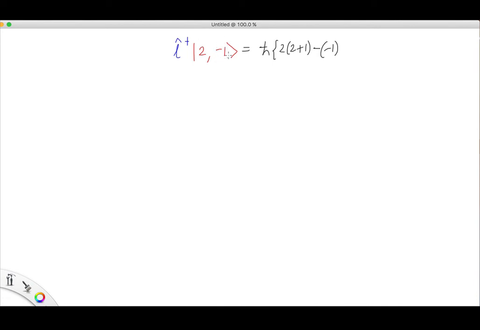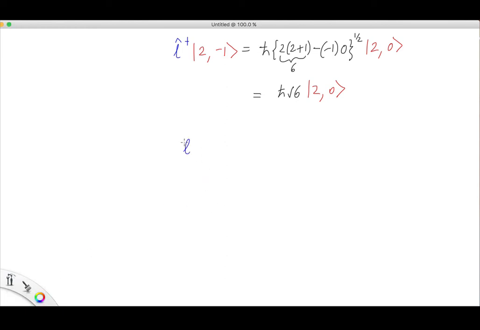Well, when minus 1 is raised, we get 0. So we have this relationship here. Again, we can evaluate the terms. 2 times 2 plus 1 again evaluates to 6. The second term evaluates to 0 here. So we have actually h bar root 6 times ket 2, 0. And we can repeat that for all of the states in the L is 2 set of states.